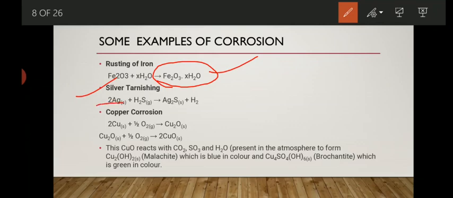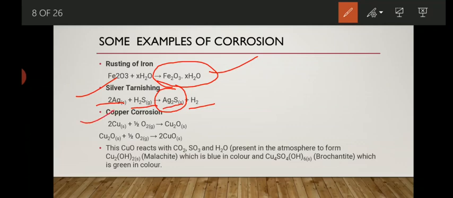Silver metal reacts with hydrogen sulfide and forms silver sulfide along with hydrogen gas. Due to the formation of silver sulfide only, the black color appears on the silver ornaments.